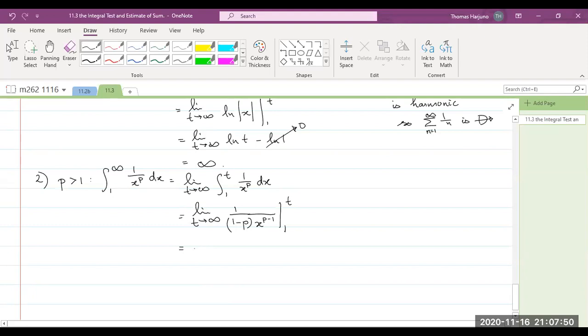So this is the limit as t goes to infinity of, actually I want to bring that 1 over 1 minus p outside. And then I get the limit as t goes to infinity of 1 over t to the p minus 1, minus 1.